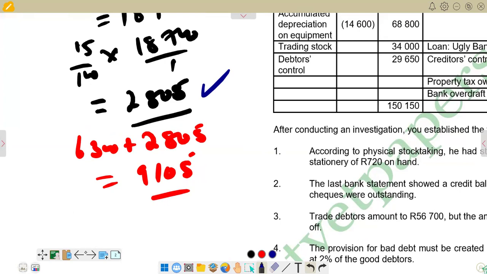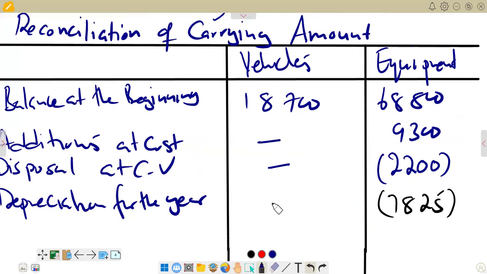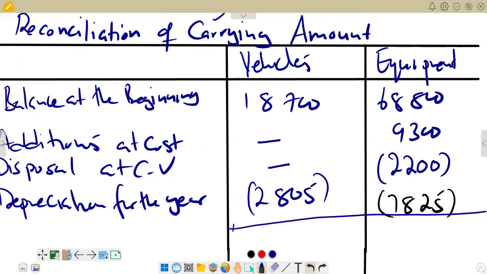So we go back and put that one: 2,805, and it's a subtraction. After that, we can make our calculations in terms of finding the net figure.